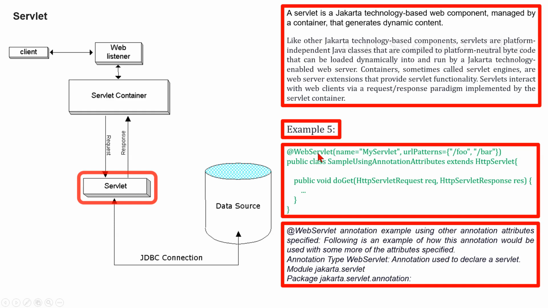This is in the module jakarta.servlet and package jakarta.servlet.annotation. Here the name, the optional element, is the name of the servlet and is of string type, and this is a string array for URL patterns. This is the URL patterns of the servlet.